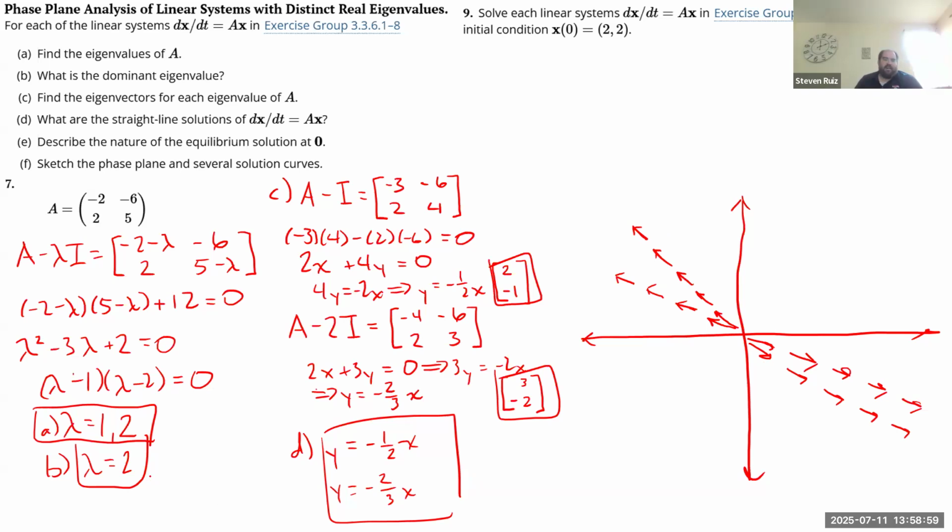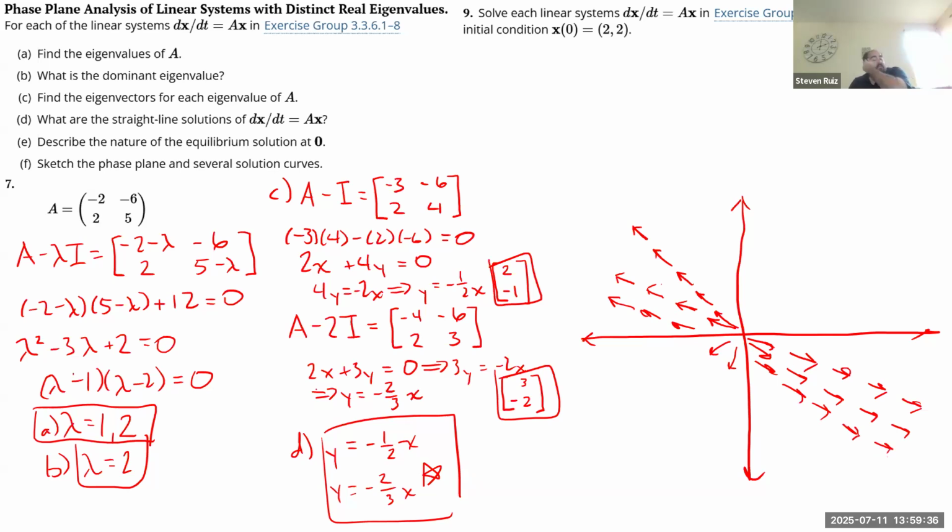I said lambda equals 2 is dominant, and that goes with the vector of negative 2/3. So again, we can fill out the rest of this phase portrait accordingly. Basically, you're going to see this behavior away from the origin, not pretty much wherever you are, absolutely everywhere you are, with the lone exception being the origin.